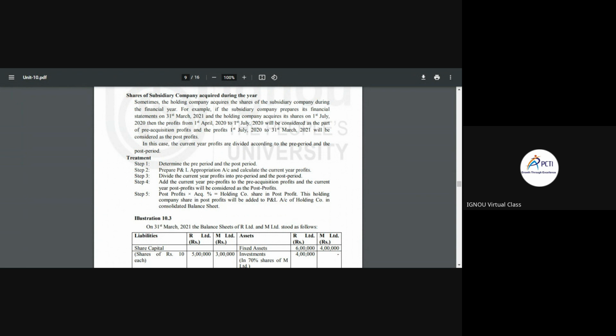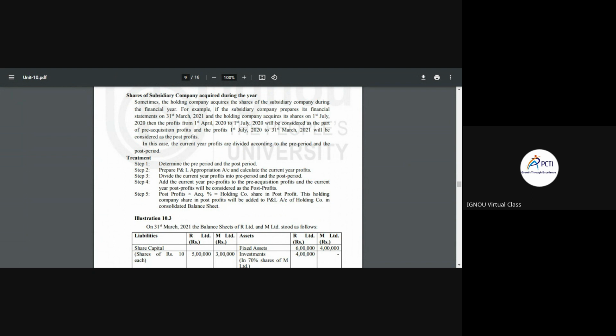For example, if the subsidiary company prepares its financial statements on 31st March 2021 and the holding company acquires its shares on 1st July 2020, then the profit from 1st April 2020 to 1st July 2020 will be considered a part of pre-acquisition profit, and the profit from 1st July 2020 to 31st March 2021 will be considered post-acquisition profit. So in this case, the current year profits are divided according to the pre-period and the post-period.